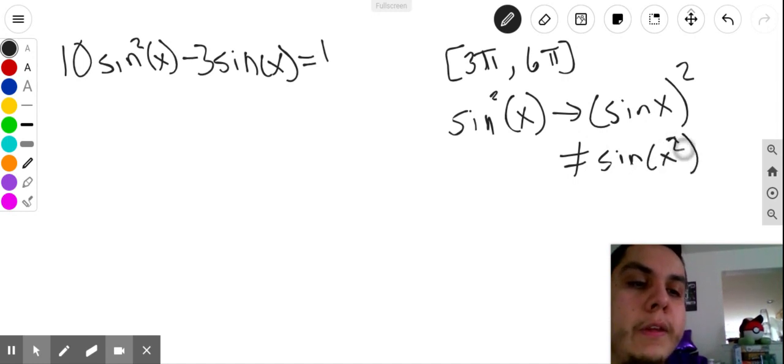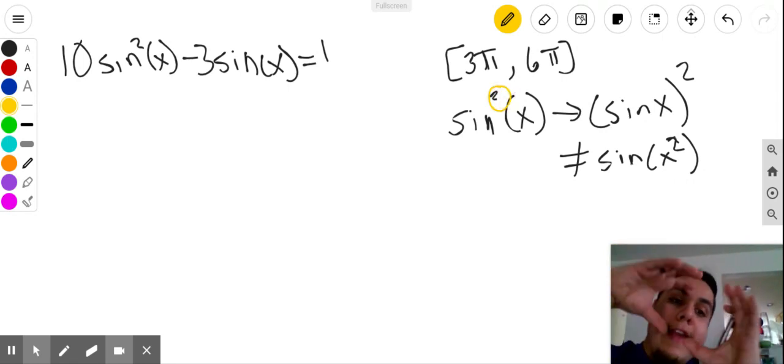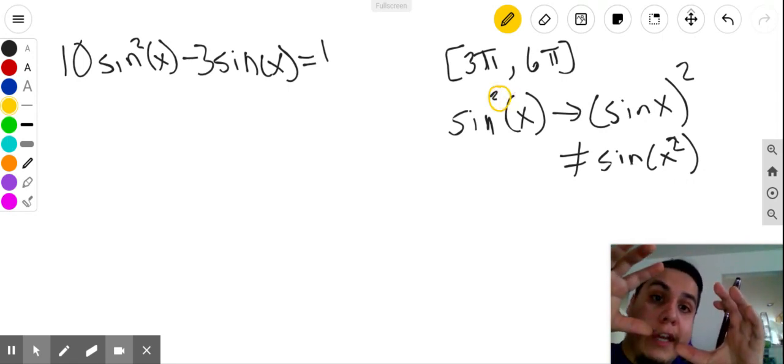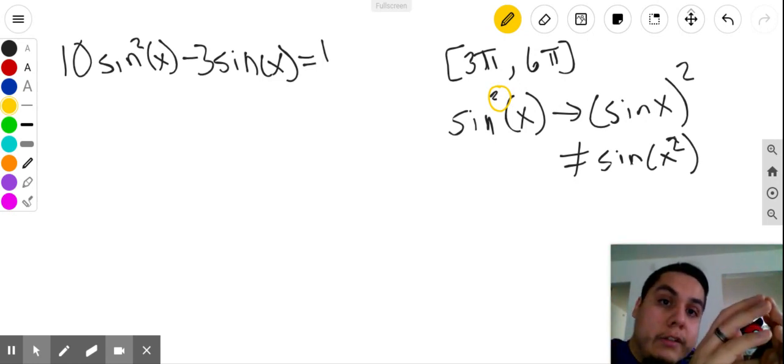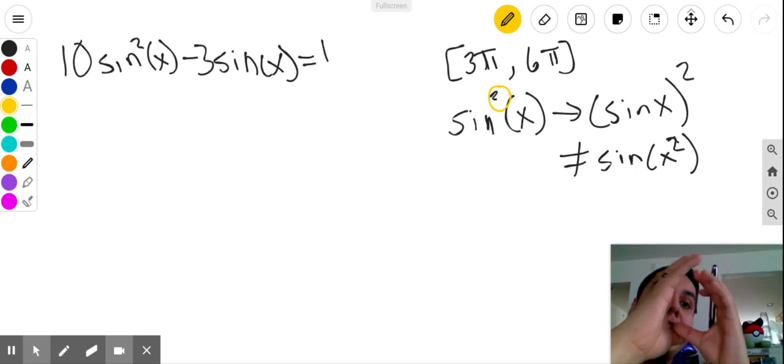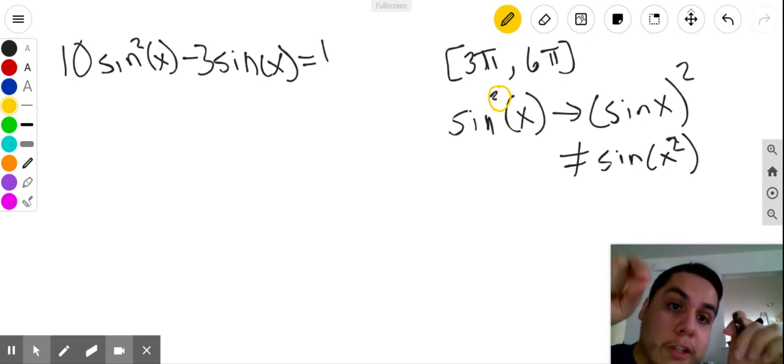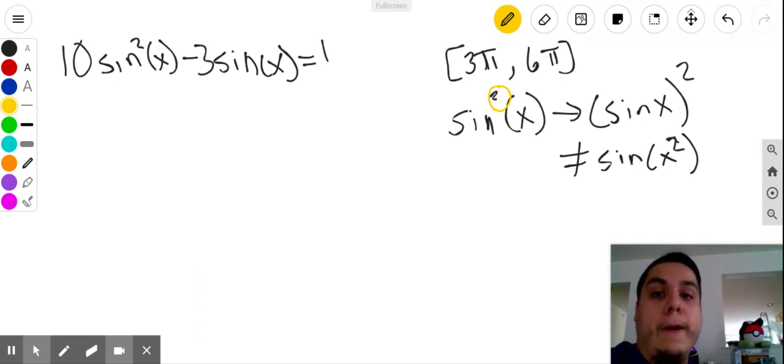This squared right here means that you're squaring the output of sine of x. You're not squaring the x in the sine, you're squaring the sine of x. Whatever ratio it spits out, you're going to square it. That's what that means.